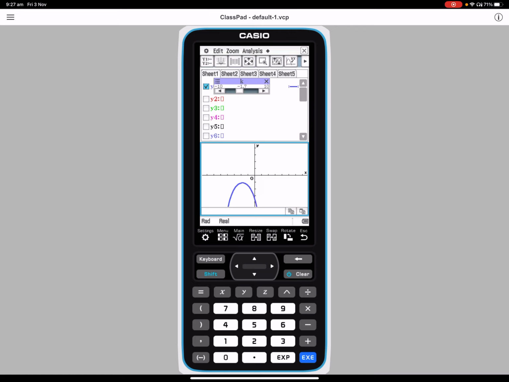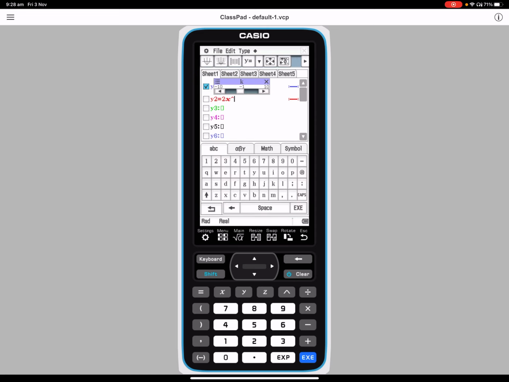So the turning point is at -1. That turning point, (2x to the n).